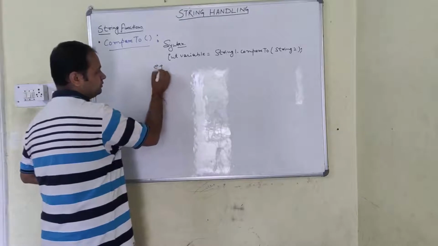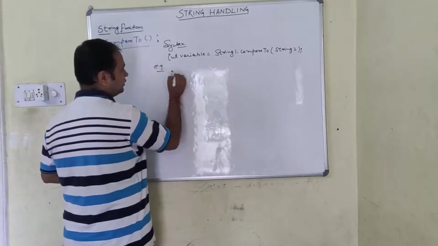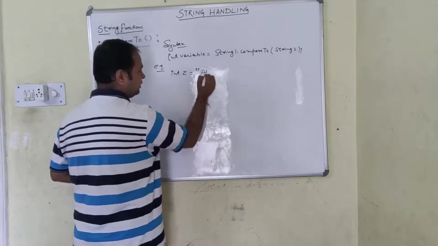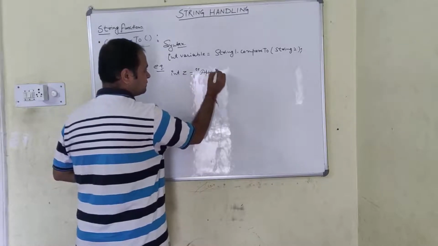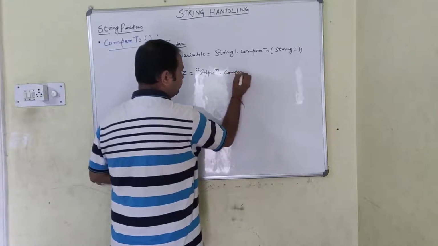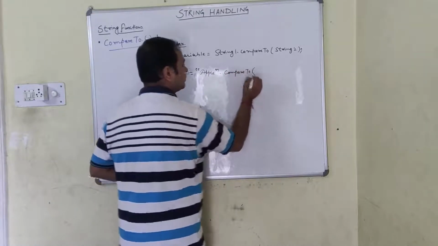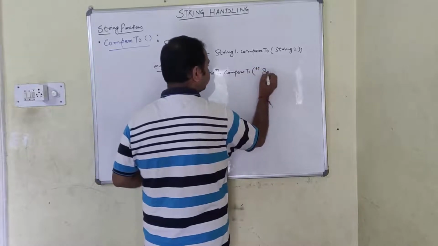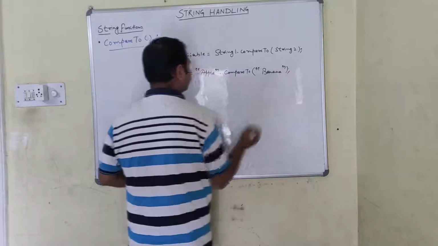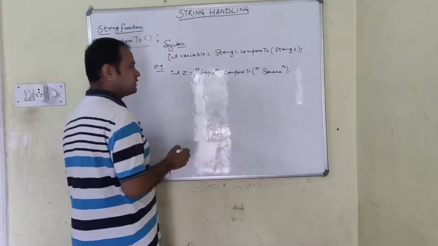For example, int z equals, suppose I take the first string as apple, .compareTo(banana). Then what is the difference of ASCII?